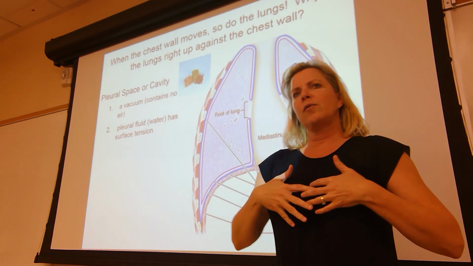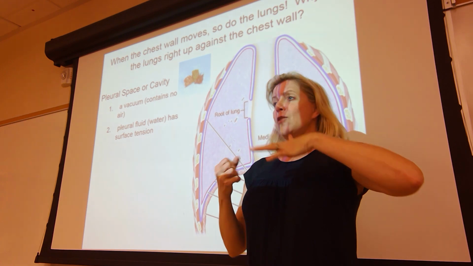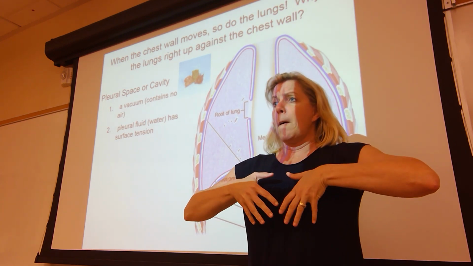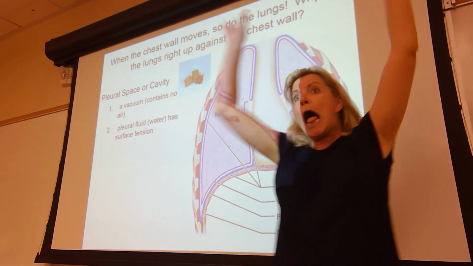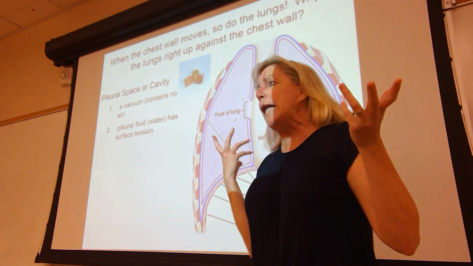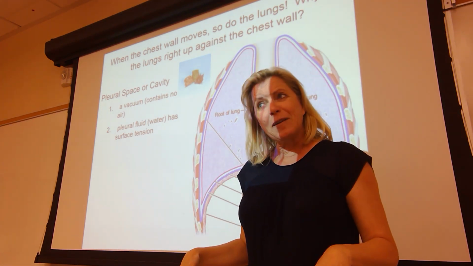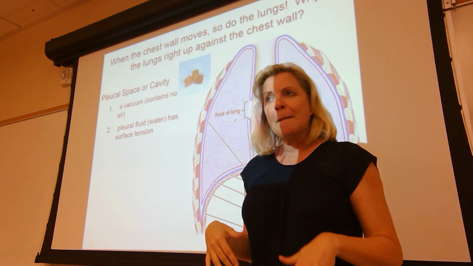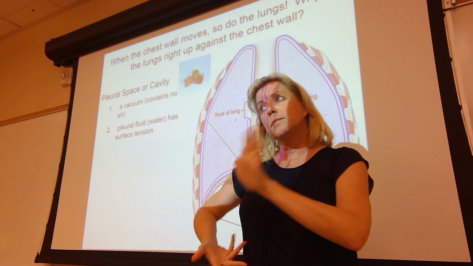The chest wall of the rat went one way and the lungs went the other way. And the rat's chest wall would go like this, which made everyone go, ah! All over again. And they would say, my rat is alive, it's breathing. I'm like, all of its blood is in the tray right now. No, it's not. And I'd have to do a quick, let me tell you about the cohesive property.